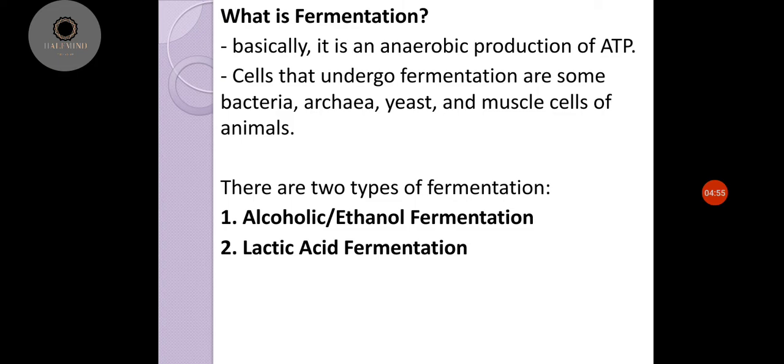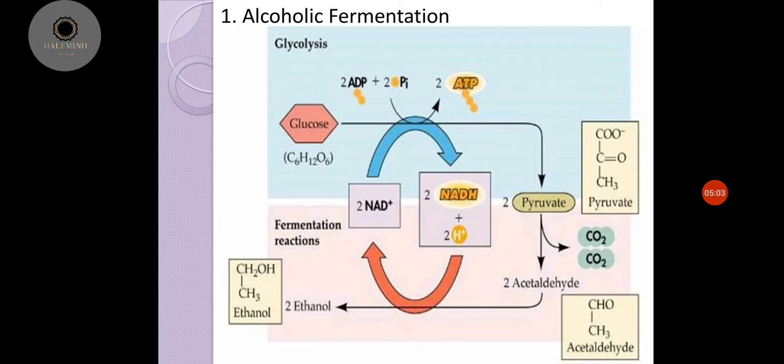Now let's talk first about the alcoholic or the ethanol fermentation. What happens during this process? So we have here our diagram. Okay, so nag-undergo yung cell ng glycolysis in the cytoplasm. Glycolysis splits this one molecule of glucose into two pyruvates or pyruvic acid.